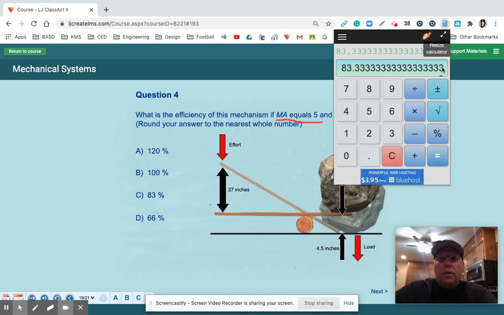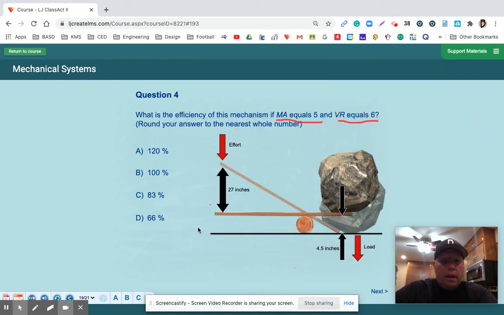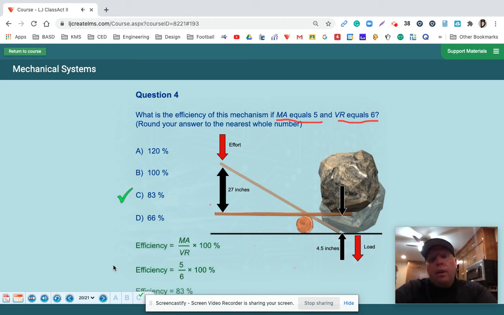So the closest answer to my question here is, sure enough, 83%. And I'd be right. Efficiency is MA over VR times 100. The efficiency of that mechanism right there is 83%.